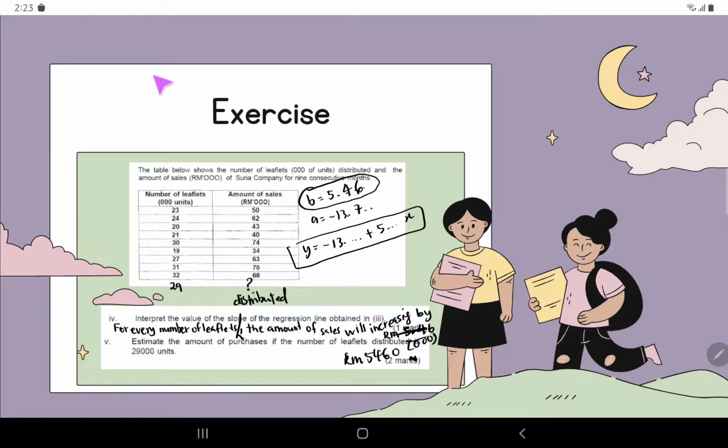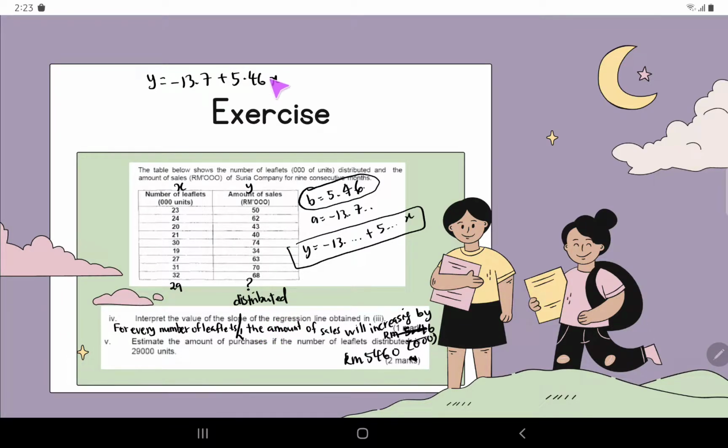So our equation tadi kita akan dapat macam ni lah. Y equal to negative 13.7 plus BX. Okay, so dia tanya kalau leaflet is 29,000, maksudnya dekat sini 29 lah. So the number of leaflet is X kan, sebab dia adalah independent variable and this is our Y. So dia kata if X is 29, so you need to estimate what is Y.